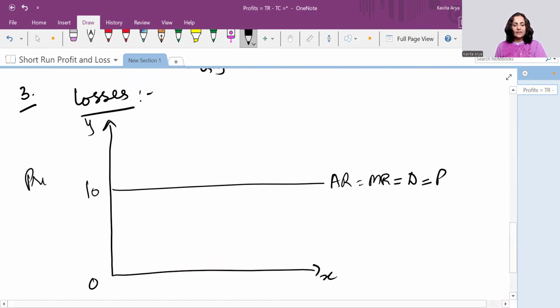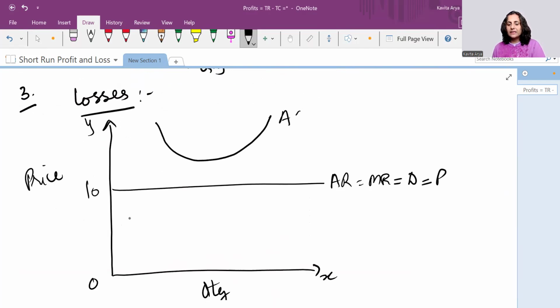And this is the price and quantity. So for losses to happen, it means our costs are more than the profit. So AC would be over and above this price line, and this is MC.